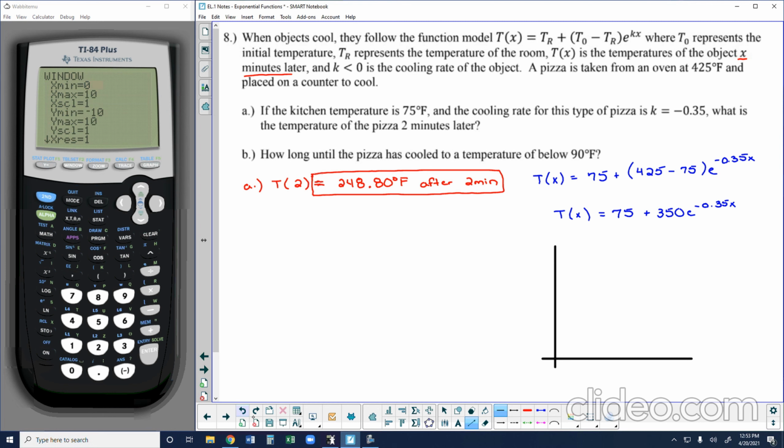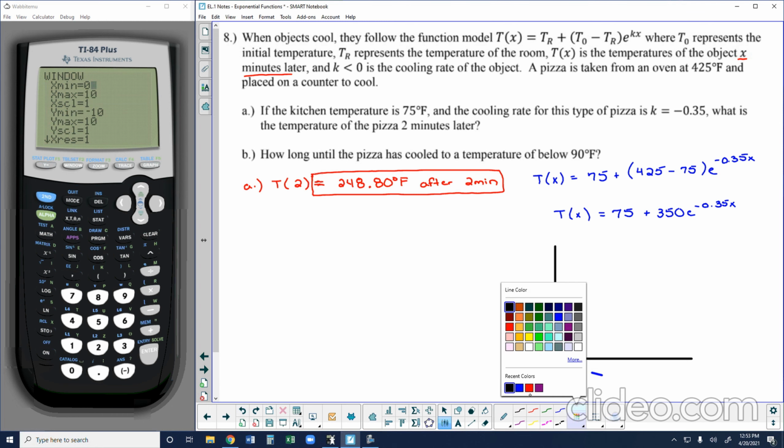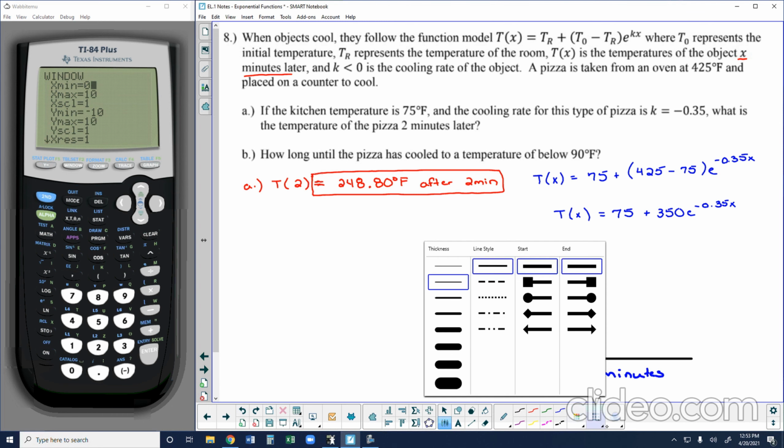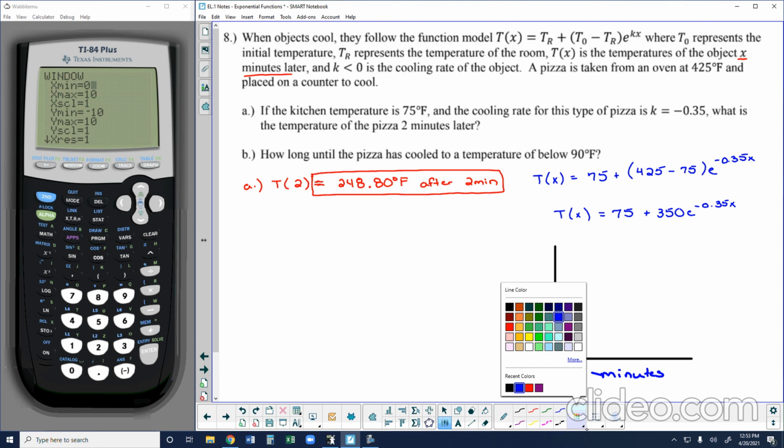Let me label my axes. The x-axis is in minutes, the minutes after it's been pulled out of the oven or moved to the kitchen where the temperature is 75 degrees. The y-axis would be the temperature of the pizza in degrees Fahrenheit.